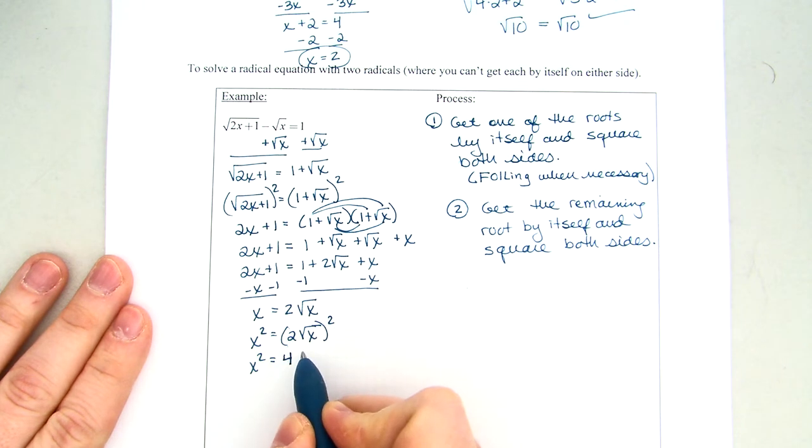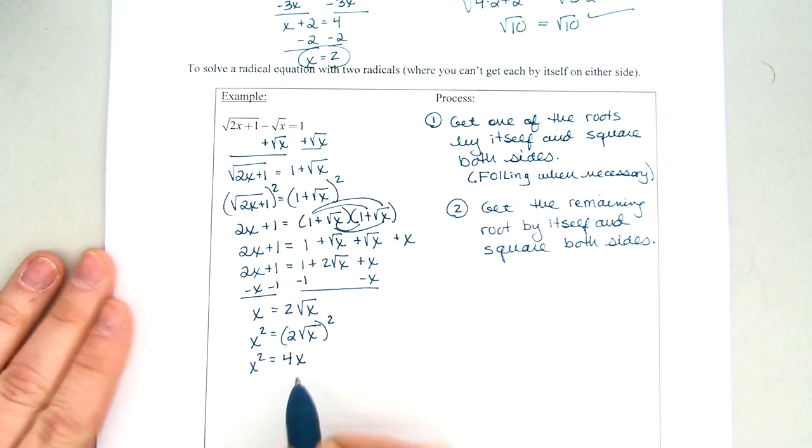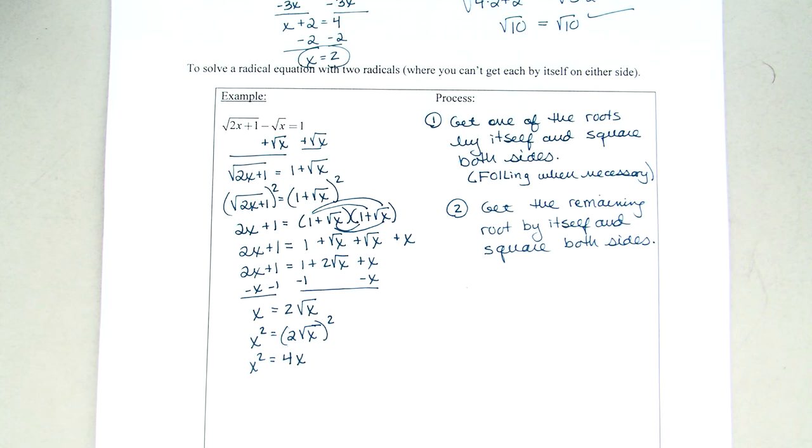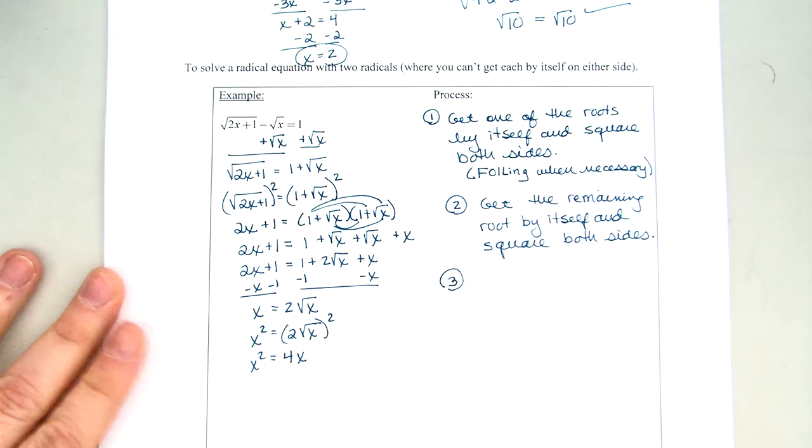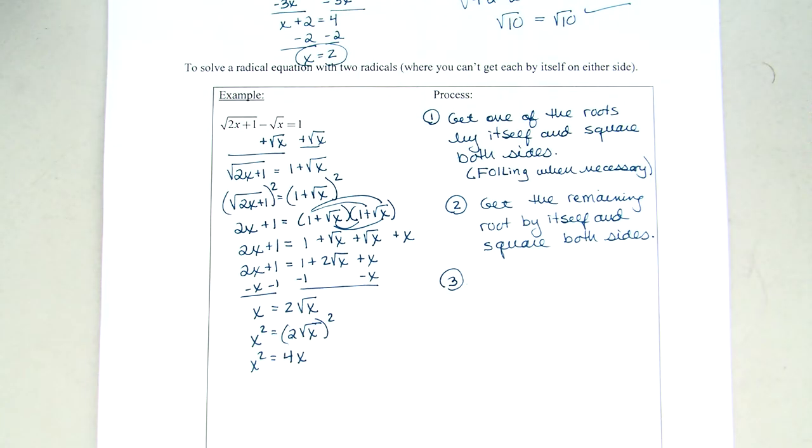Root x squared gives me x. And I had 2 times root x, so my answer is still a product. 4 times x. Well, the good news is the roots are gone.